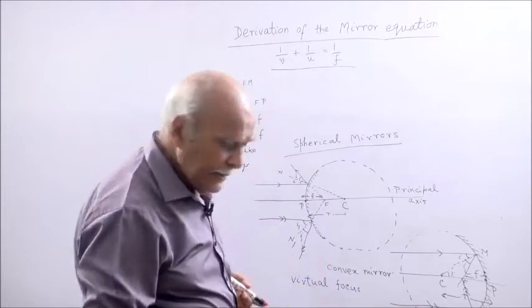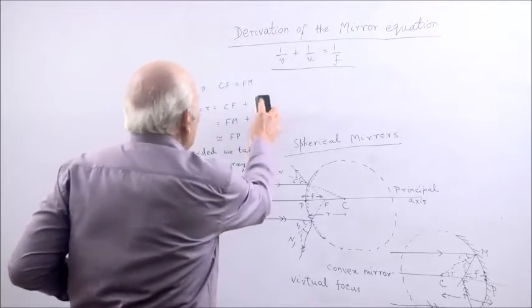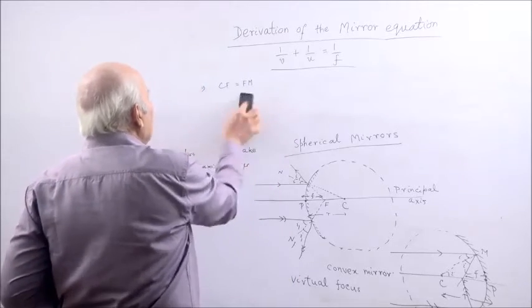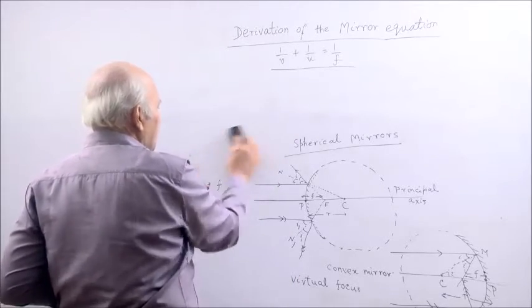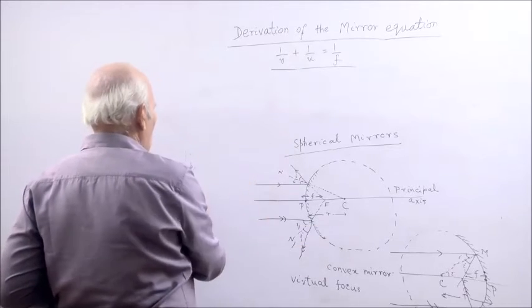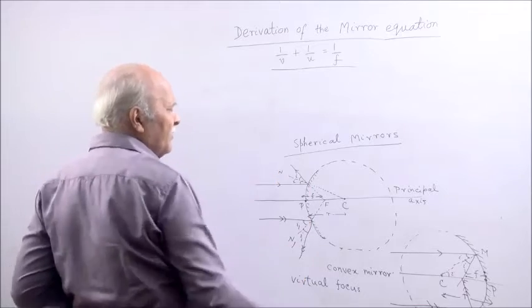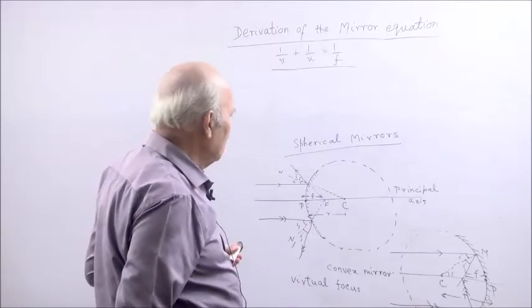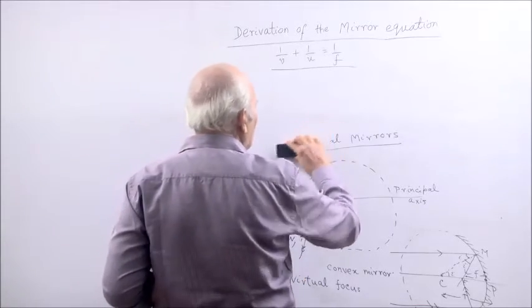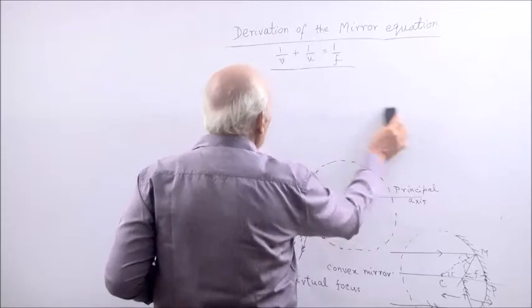So, actually there are 3 derivations, because the concave mirror produces both real image and virtual image, but the convex mirror always produces a virtual image. So, what will we do?